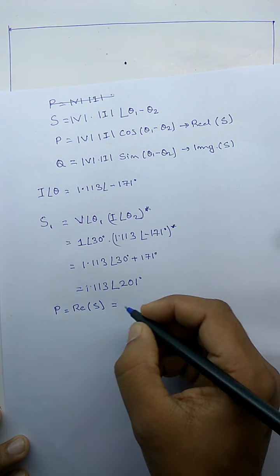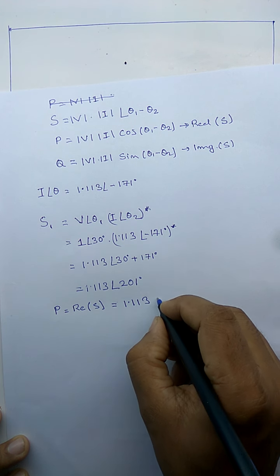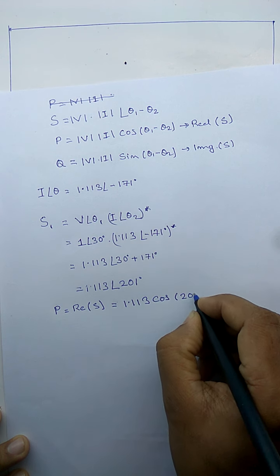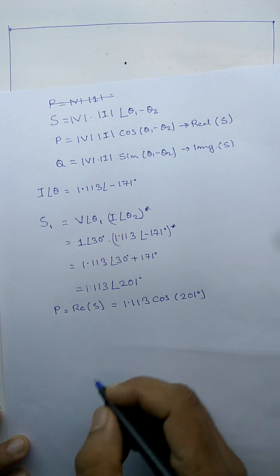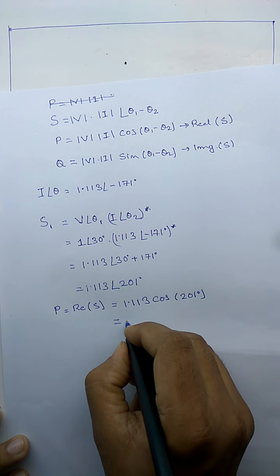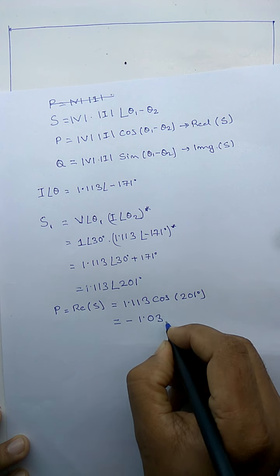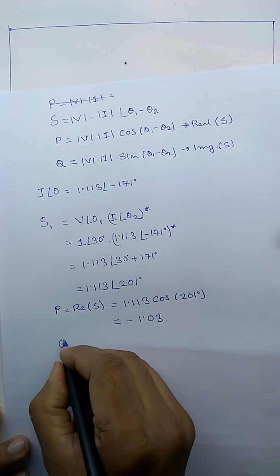Now if we calculate power from this, active power is nothing but the real part of S. So that can be calculated as 1.113 into cos of 201 degrees. If you calculate this, it will come to be minus 1.03. What will be the reactive power for this source?